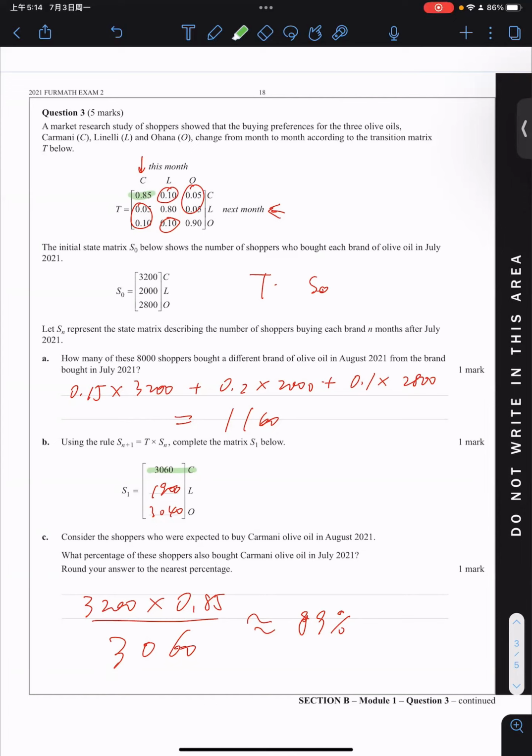But we're not considering how many customers from other brands buy Harmony. So that is the difference between the 0.85 and 89%. Please think about the question carefully.